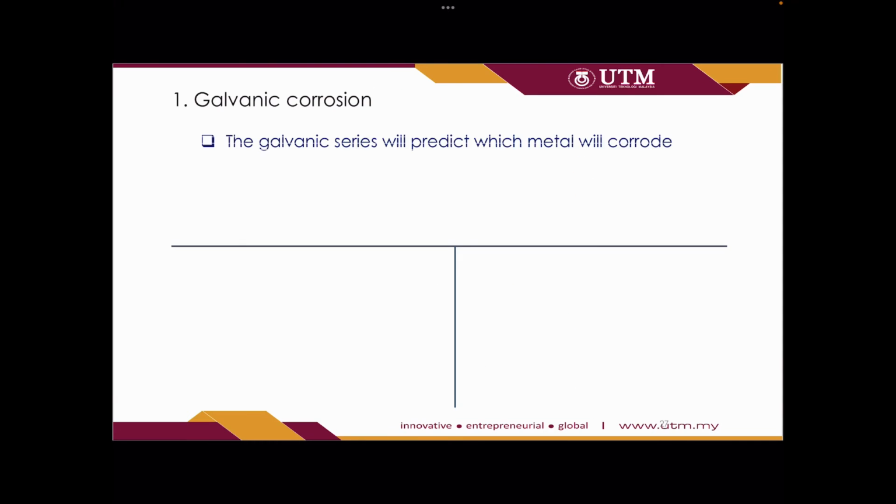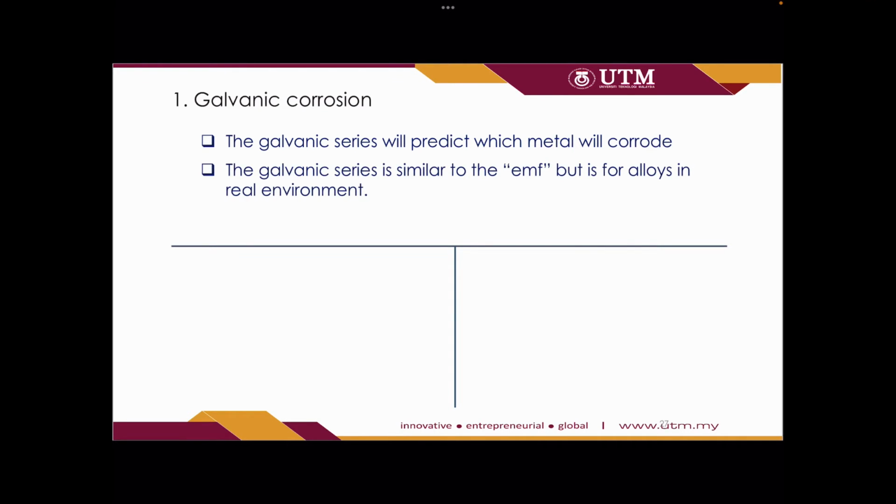So what's the difference between the galvanic series and the EMF series? The galvanic series predicts which metal will corrode. It is similar to the EMF series, but it is for alloys in the real environment.